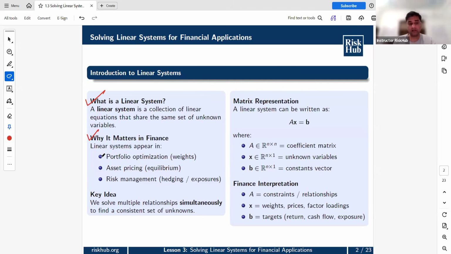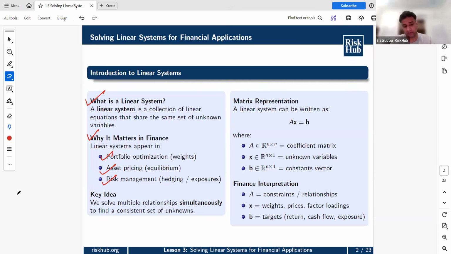When we look at asset pricing, think of CAPM or Fama-French: you're trying to explain returns using factors. You have unknown betas, unknown sensitivities, unknown exposures, again a linear system. Then for risk management, for example, say Goldman Sachs has FX exposure, rate exposure, commodity exposure.